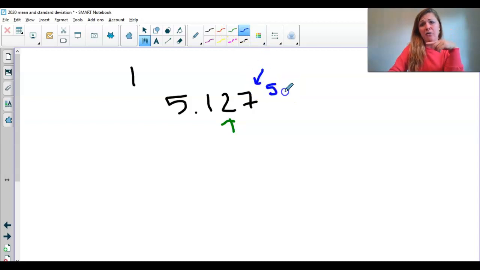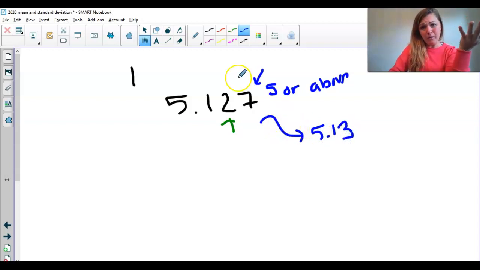If it's 5 or above, I want to round this one up. So rounding to the nearest hundredth, I would write 5.13. Let's say I wanted to round to the nearest tenth, which is right here. Again, I want to look at the one right after it, so that's this number. It is not 5 or above.